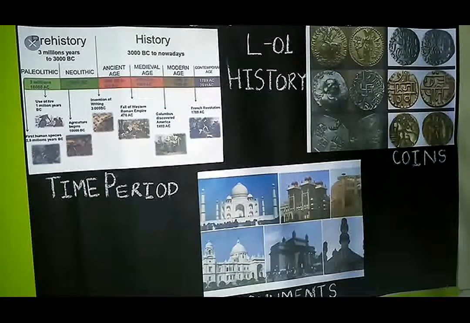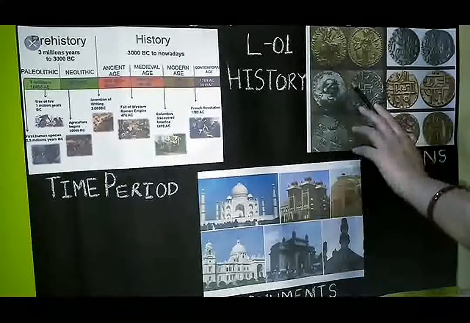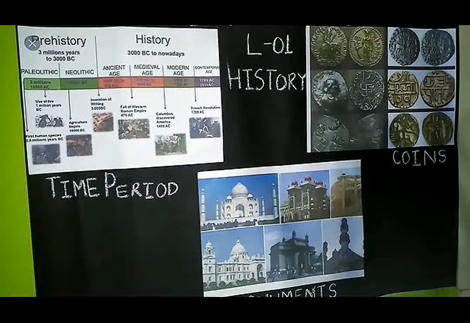First one is archaeological sources. Archaeology is the study of the remains of the past. For example, utensils, coins. Okay, these are archaeological sources. Archaeological sources are a direct evidence of the past. These are studied by archaeologists.